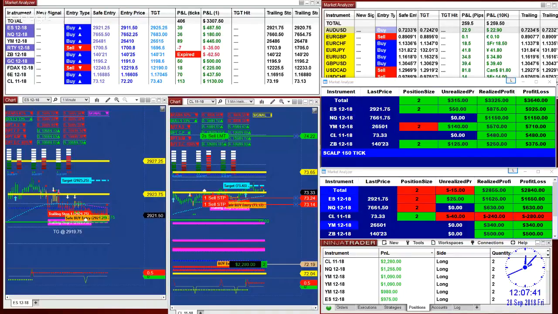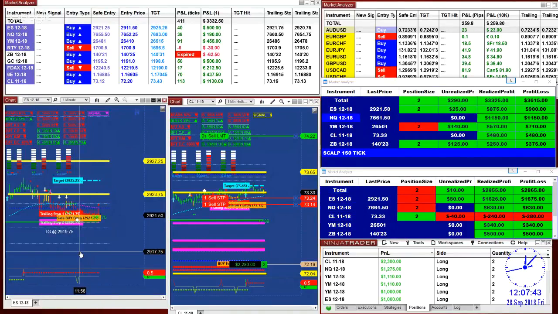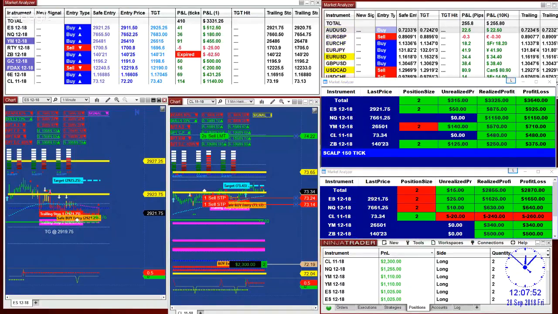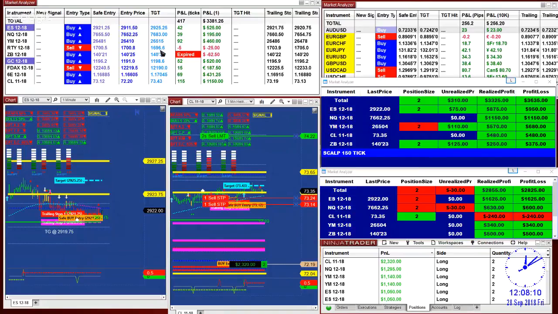And we're about to have a new signal on the ES. Nasdaq is still a little bit up, and the YM is still a little bit up. So the only one we have is the Russell entry sell at 17.8, target 96.6.